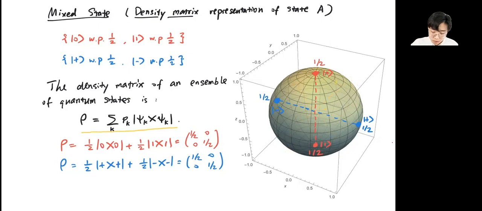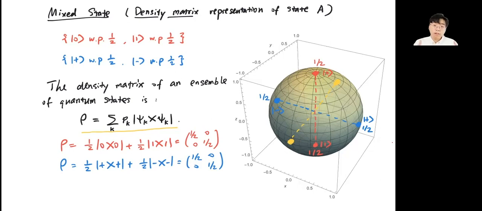For example, I can find a quantum state here with half probability and another quantum state on the opposite side of the Bloch sphere with another half probability. So there are an infinite number of ways to expand the density matrix into a mixture. And these mixtures are all related by sort of a rotation of the Bloch sphere. In other words, these mixture expansions are related by a unitary transformation.